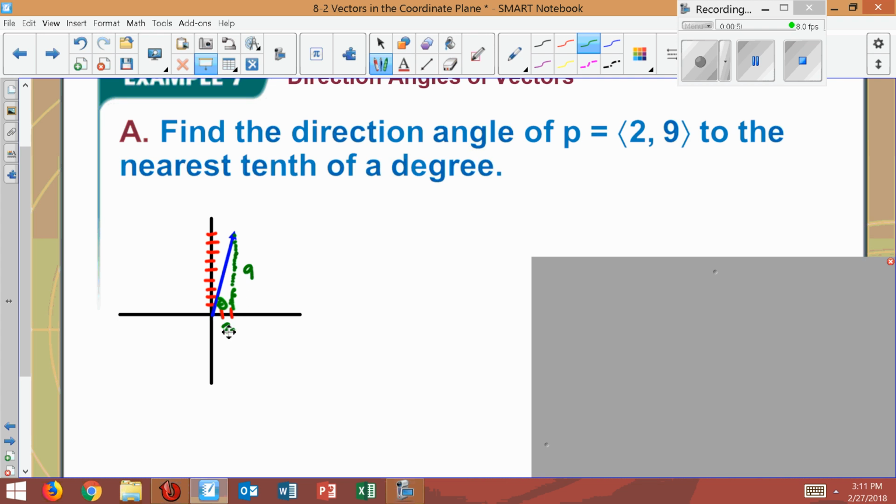If I'm given a y and an x, then I could say that tangent of theta would equal 9 over 2. And for the calculator's purposes, to get theta by itself, what I would need to do is flip these two by taking an inverse. And so we could say that tan inverse of 9 over 2 will equal theta.